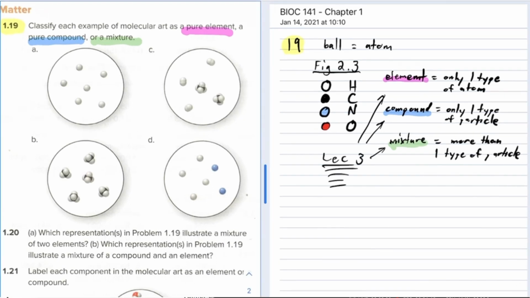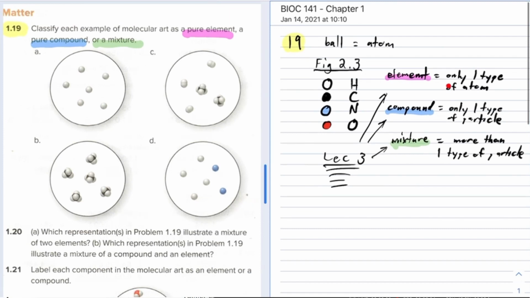Okay, let's get back to the problem. Now, what is this? Is this an element, a compound, or a mixture? Well, I see only one type of particle, and they are all white particles. So this satisfies the criteria of an element.